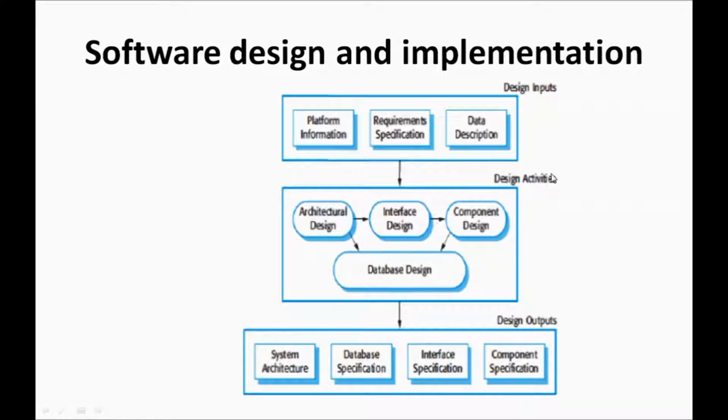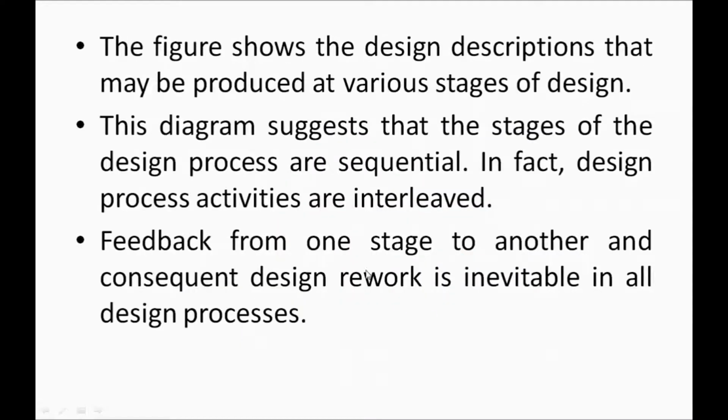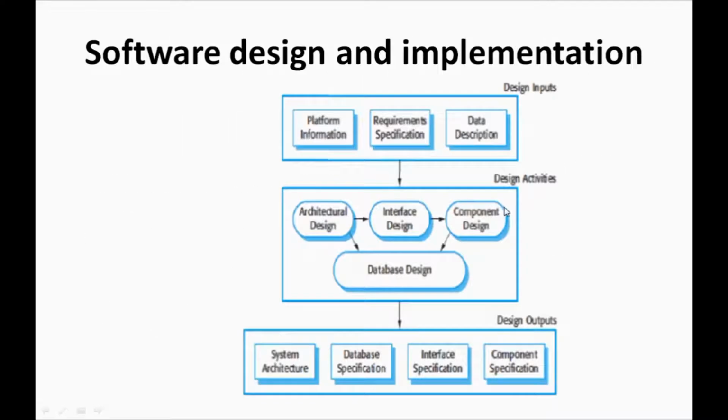Getting, guys? The second phase output is the input to the third phase. If you want to make any changes, you can do that. Rework is possible here. Suppose any problem occurs while designing, you can go back and you can change. That is possible here. You can go back and make your changes. Getting, guys?